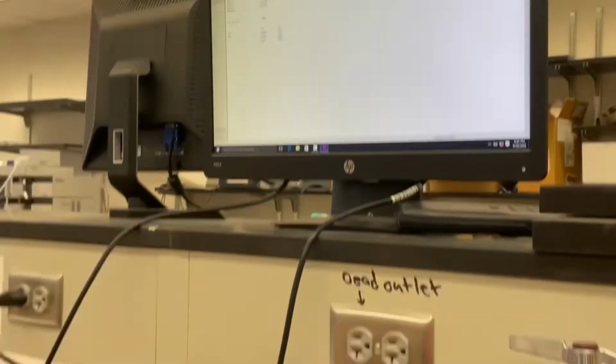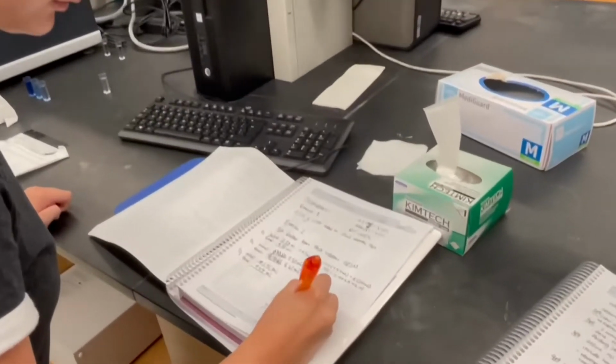The relationship between concentration and absorbance is directly proportional.